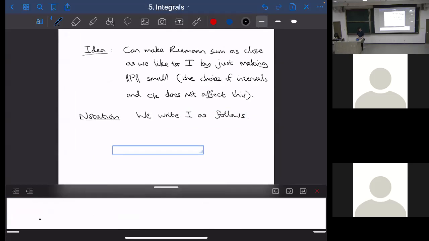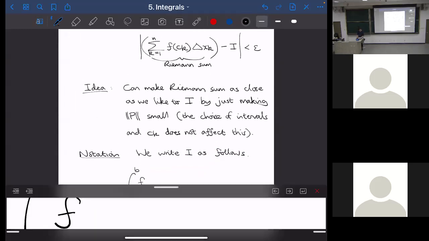We have an integral sign. We put the endpoints of the interval at the top and the bottom.